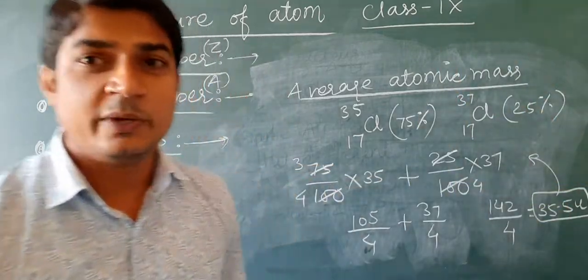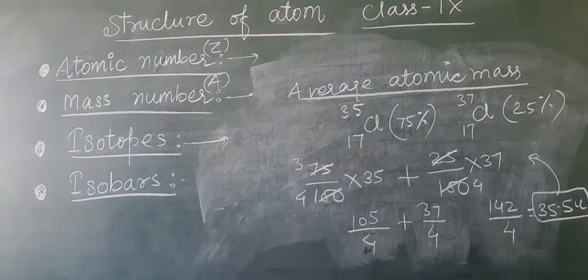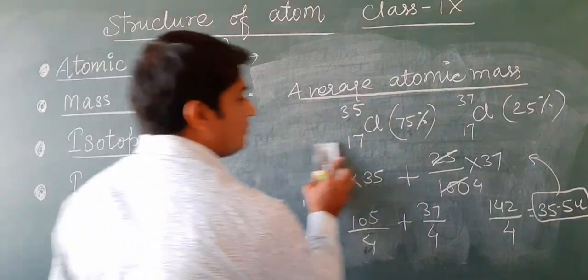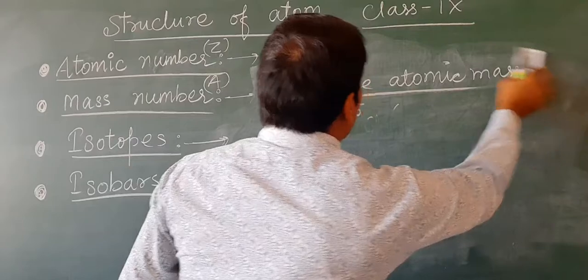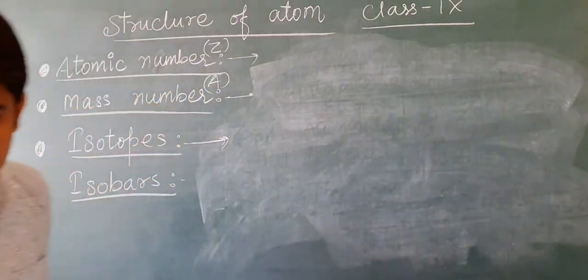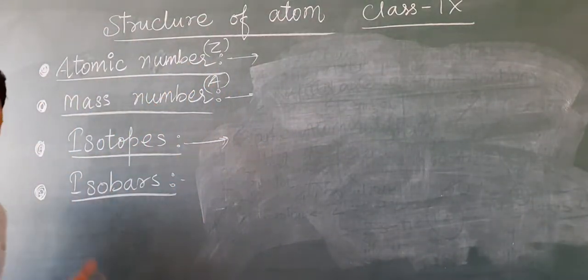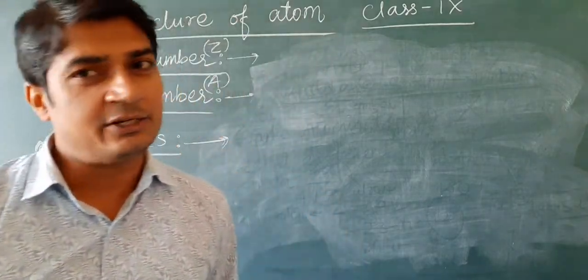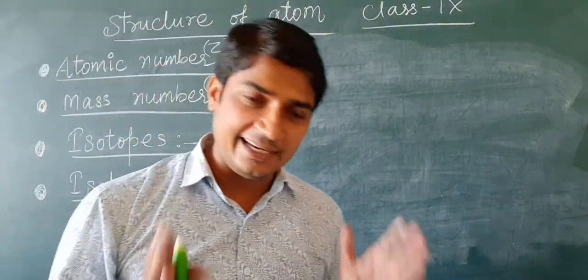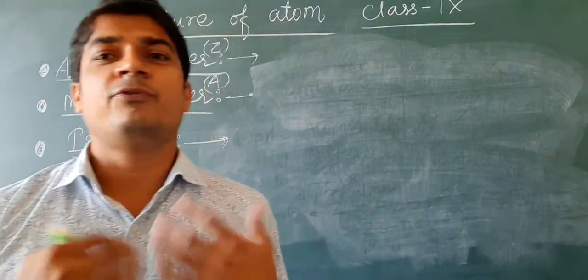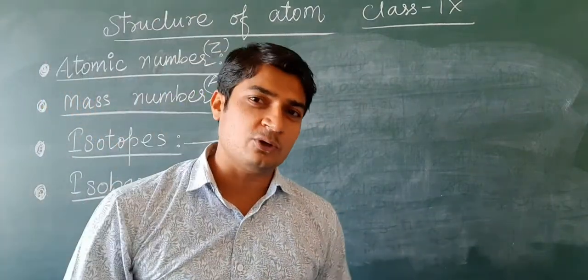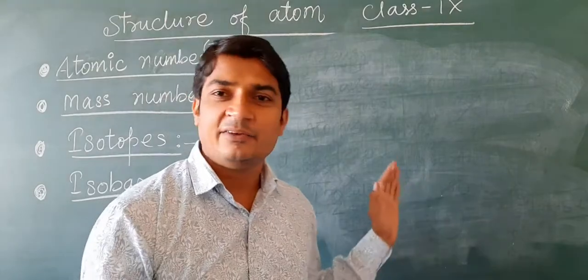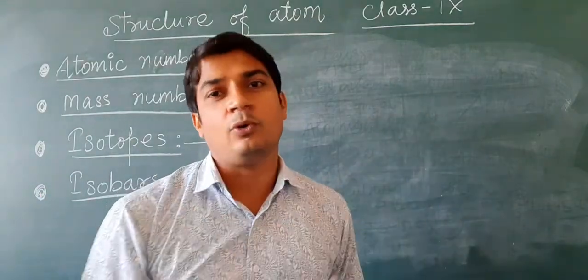In this way we calculate the average atomic mass of any element. Then what is the need of average atomic mass? If any element exists in the form of 2 or more isotopes, then we calculate average atomic mass for all isotopes.